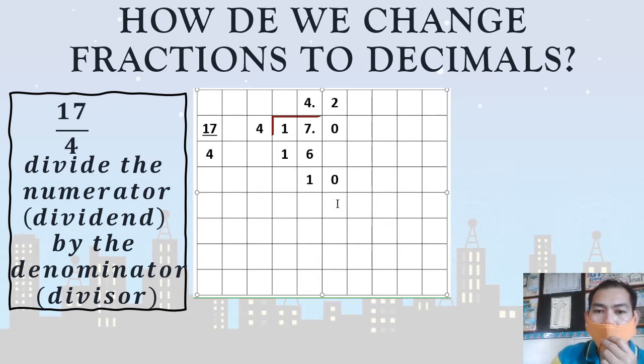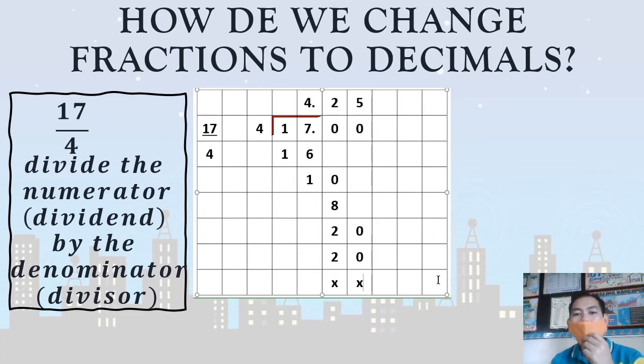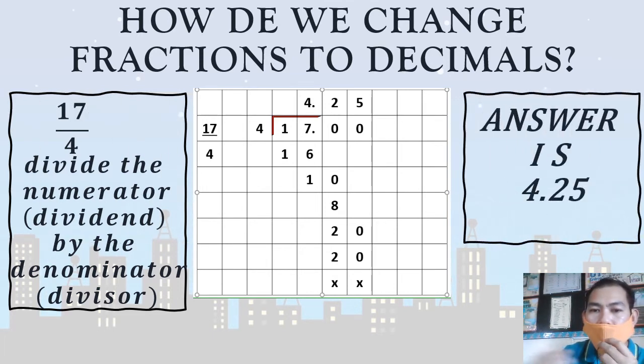So 2 times 4 is 8. And then 10 minus 8 is 2. Then we just add again another 0 until we get the final answer. So 20 divided by 4 is 5. 5 times 4 is 20. So it ends with 5. So our answer is 4 and 25 hundredths.